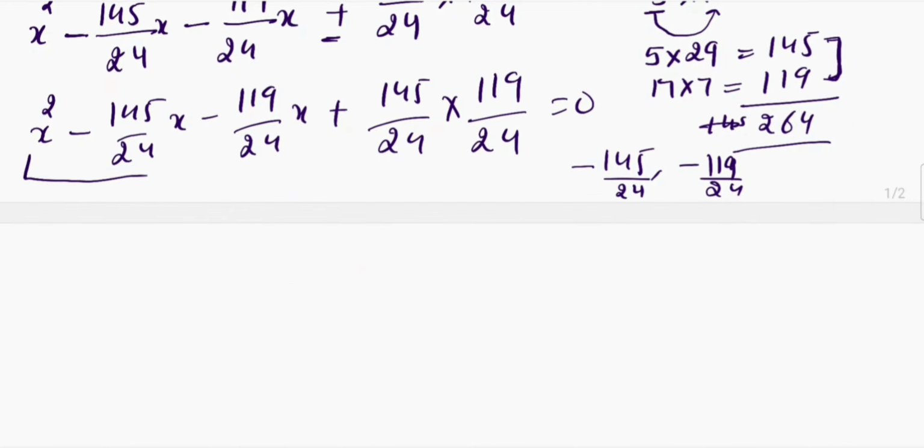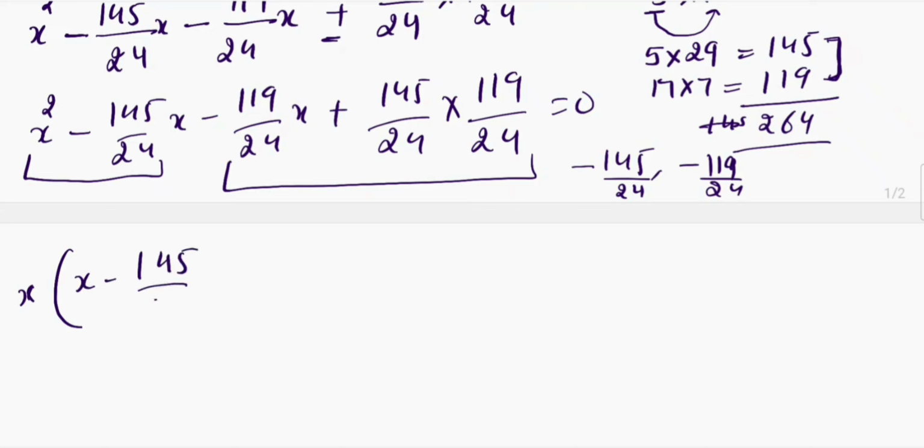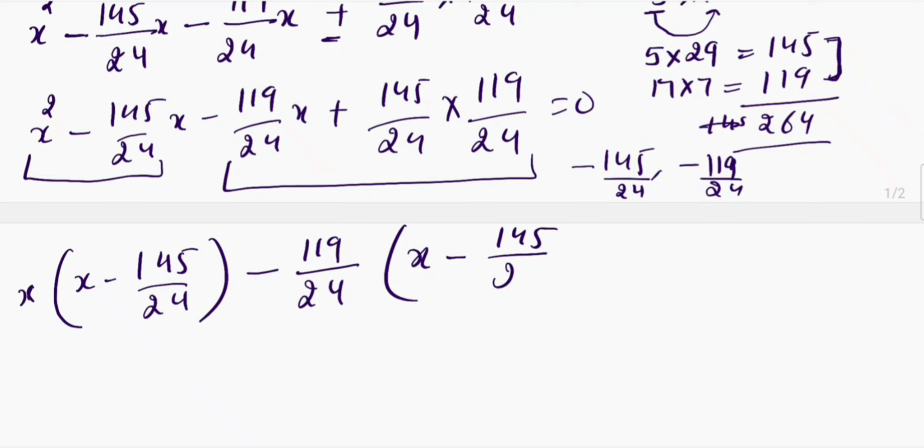Now I'll pair these two and these two. From the first pair, x is common, so I take it out, and inside I am left with x - 145/24. From the second pair I take 119/24 out, and inside I am left with x - 145/24, equal to 0.